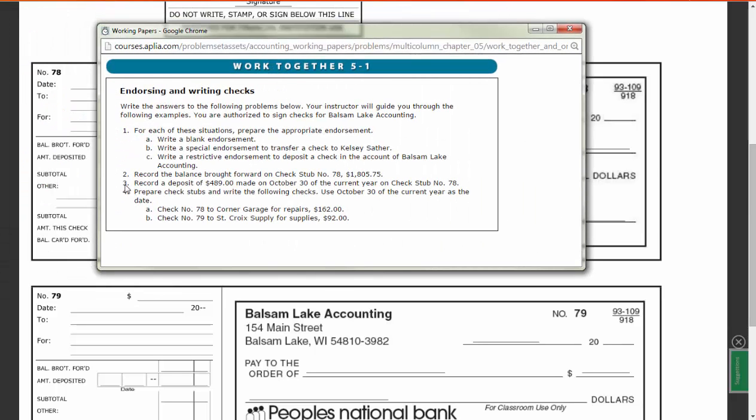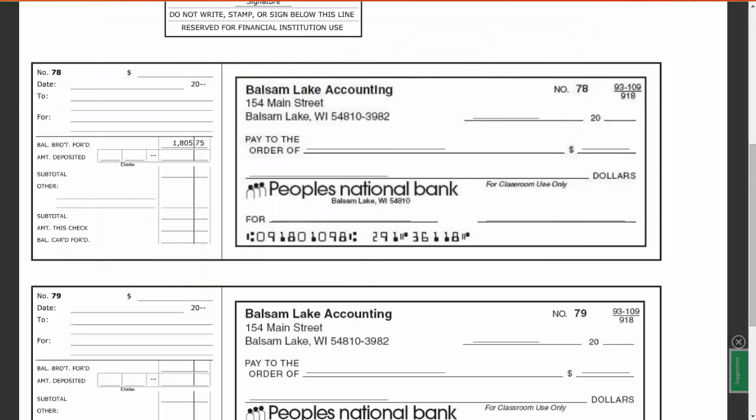Now, instruction number 3 reads, record a deposit of $489 made on October 30th the current year on check stub number 78. Right here on our check stub, we have a spot for us to record our deposits. This is going to allow us to make sure at any given point we know exactly what our balance is in our account.